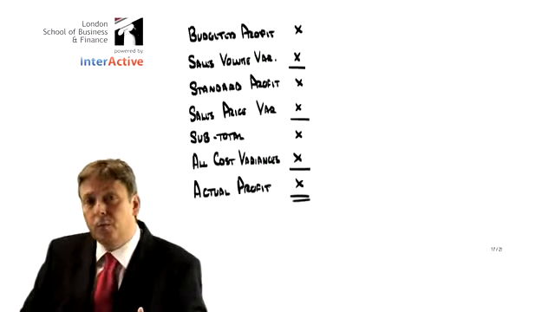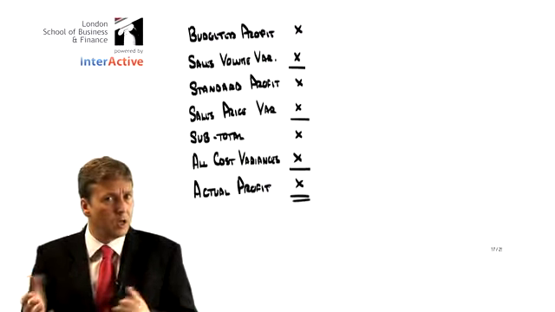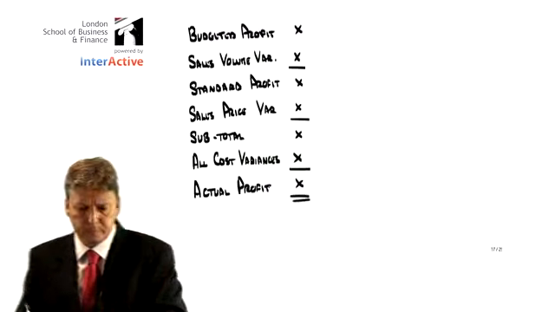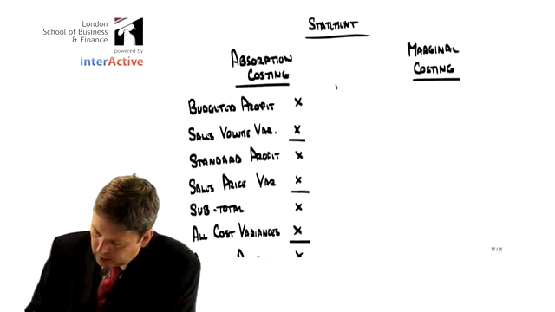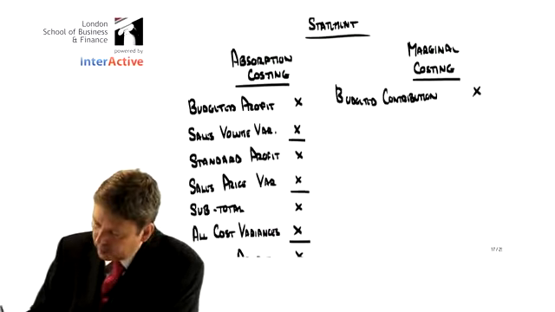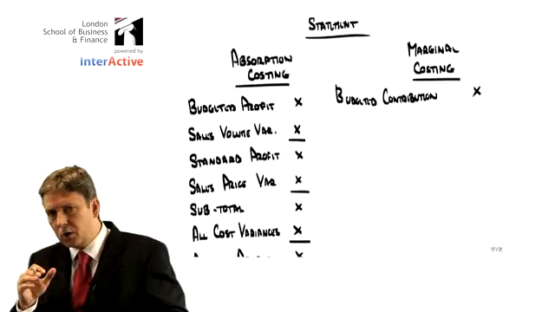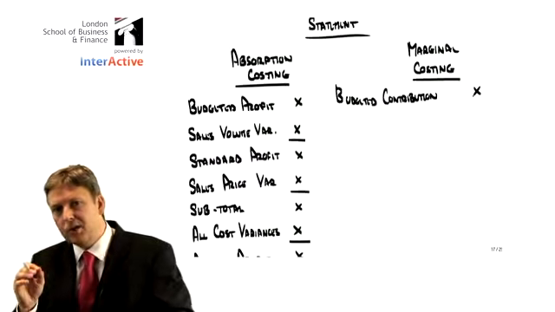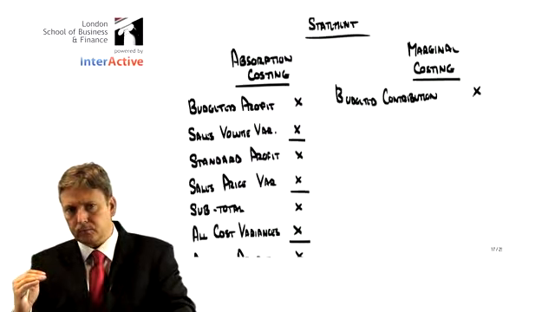Under marginal costing, we want to reflect the distinction between variable and fixed costs. So things are slightly different. We start with our budgeted contribution, and our first aim is to reconcile from budgeted contribution to actual contribution.